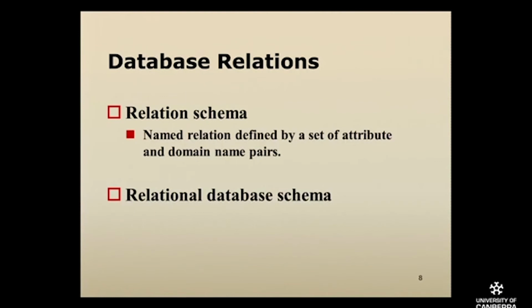So a relation or a table is defined by the relation name or table name and a set of attribute names, right? So a relational database consists of a set of relations and the relationships amongst those relations or tables. And we'll see how it works.